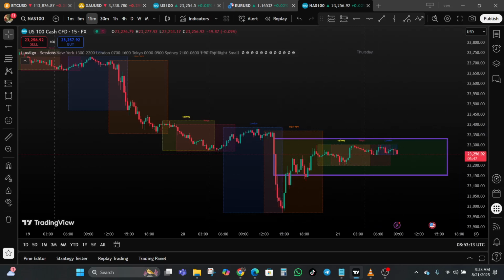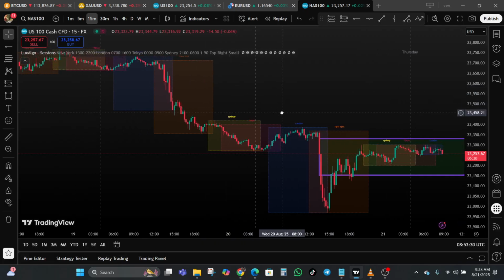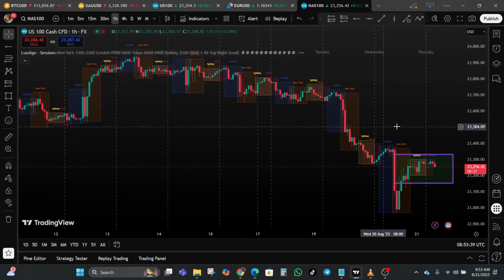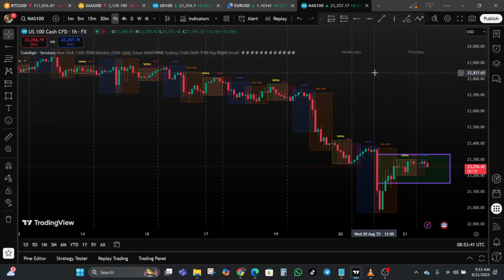Now, order blocks. Institutional traders leave footprints in the form of order blocks, which are the last bullish or bearish candle before a significant move. So in indices, order blocks are often highly respected, especially on higher time frames like the 1 hour or the 4 hour.